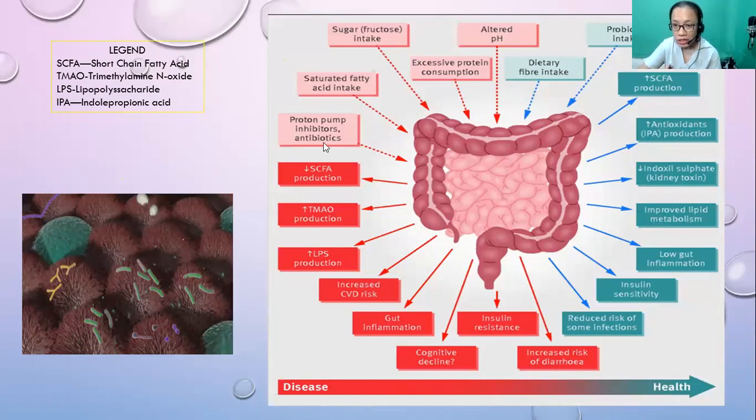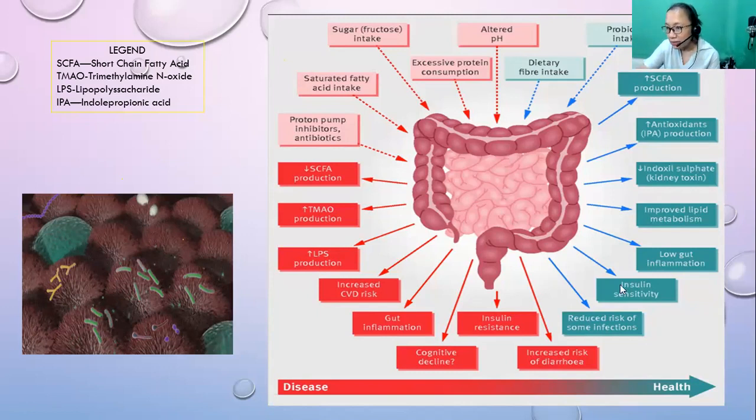So the antibiotics, or the proton pump inhibitors, are affecting the balance of the gut flora. So if you are prone to infection, you might have a lot of antibiotic prescriptions that has altered your gut microbiome.